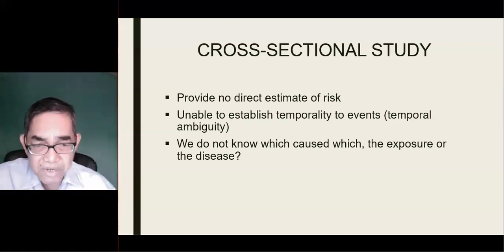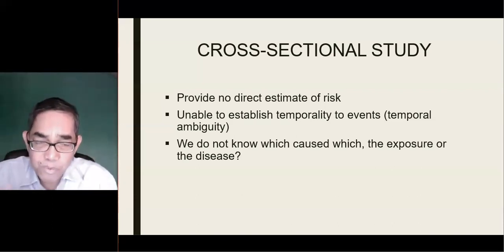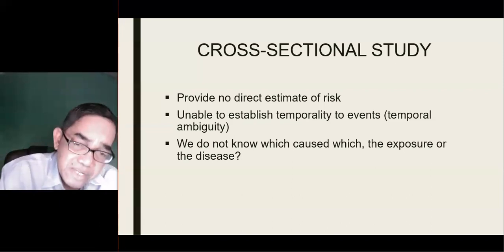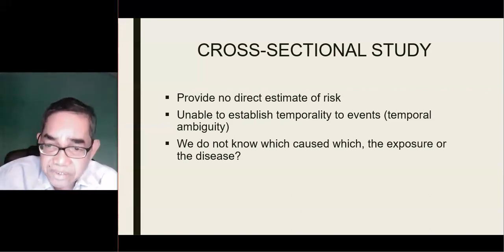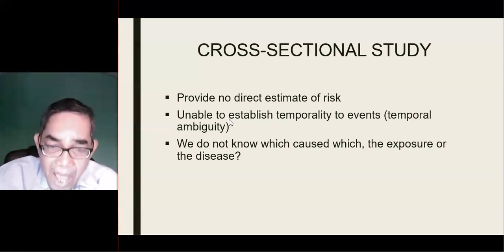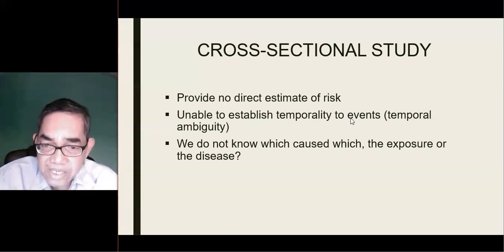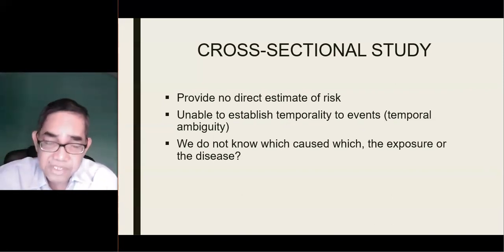At this point in time, we look into this cross-section, so we cannot say that the exposure really precedes the disease. We call it temporal ambiguity. We are unable to establish temporality to events. We are unable to establish that the exposure precedes the disease.